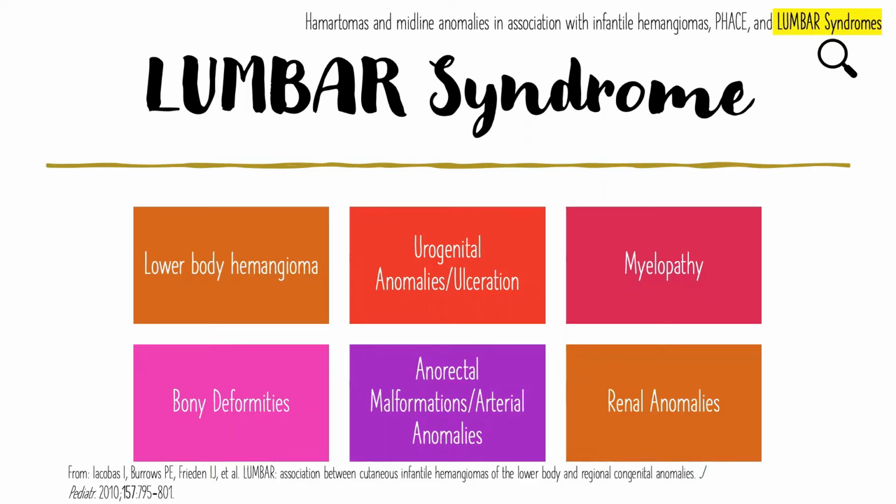The diagnosis of LUMBAR, much like PHACE syndrome, requires a variable combination of the following findings and can include lower body hemangioma, urogenital anomalies involving the internal and external genitalia and urethra, ulceration, myelopathy including muscle weakness and pain, bone deformities, anorectal malformations, arterial anomalies, and renal anomalies. Just like in PHACE, not all children with one or more of these findings will be diagnosed with LUMBAR syndrome, and not all children with LUMBAR syndrome will have all of these findings.